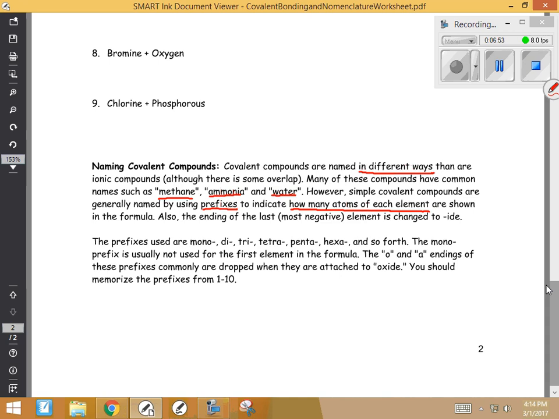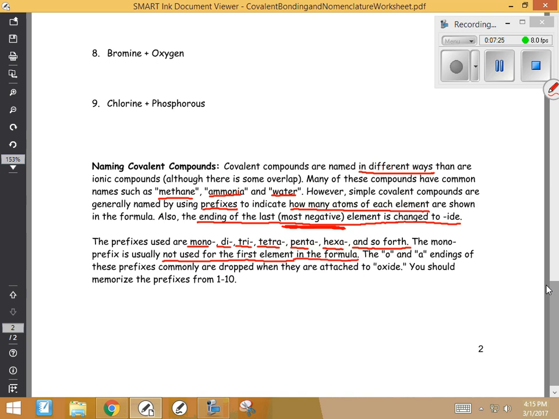Also, similar to ionic, the ending of the last element is changed to "ide." Okay? And they have this thing called most negative. Are we talking about most electronegative here? I believe we are. Prefixes used are simple: mono for 1, di for 2, tri for 3, tetra, penta, hexa, and so forth.